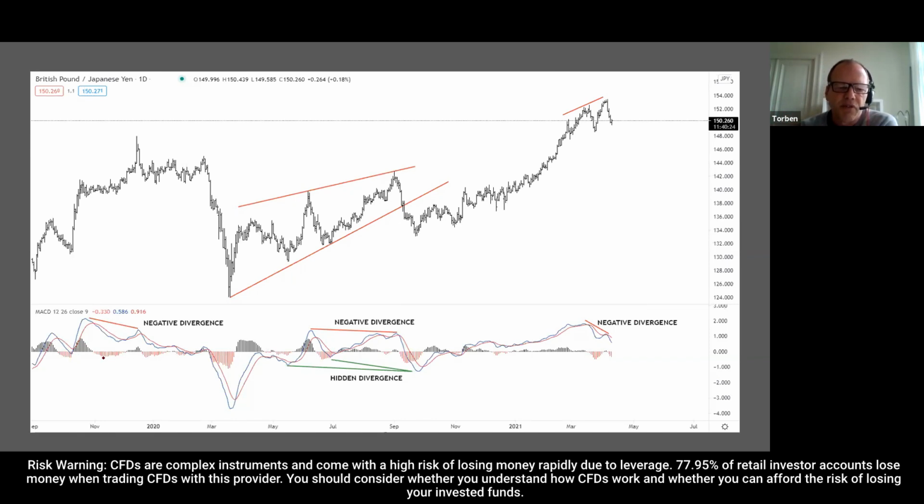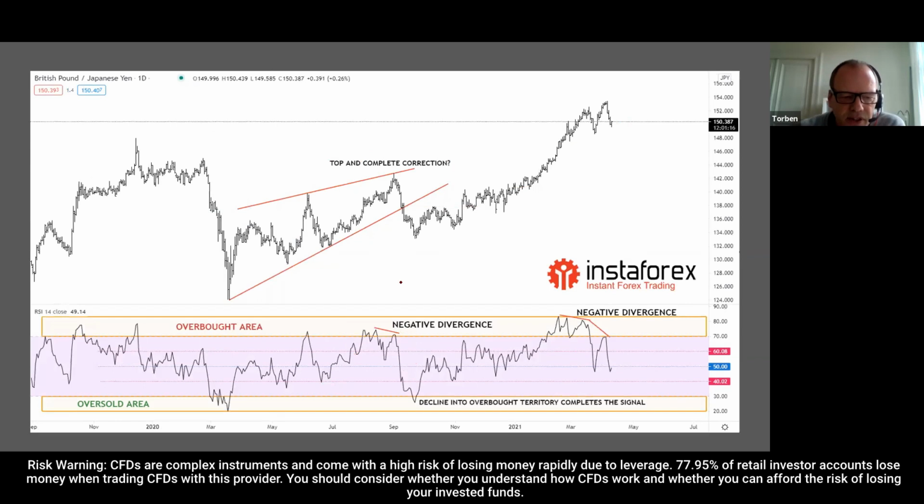And contrary to what you saw in the RSI, here you have a clear negative divergence on those two. You didn't see that on the RSI. You can just go back a couple of steps and see that actually here, you don't have a negative divergence.